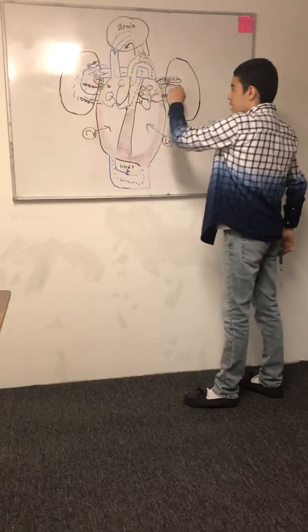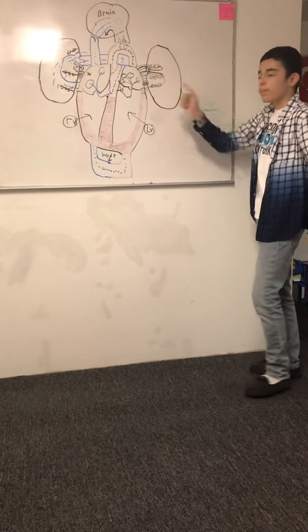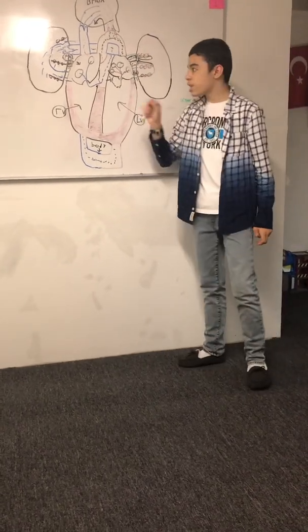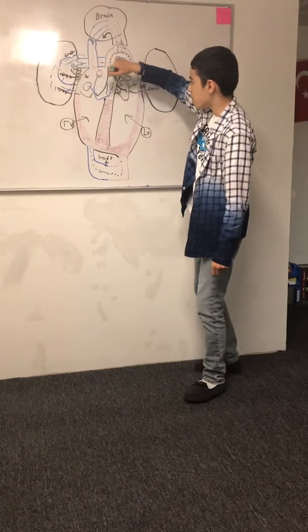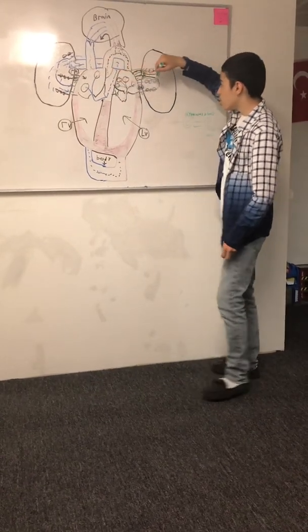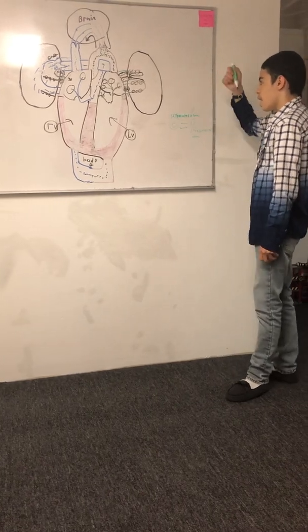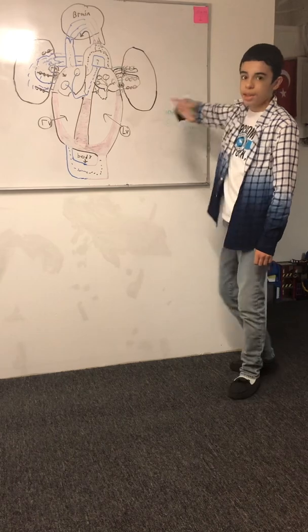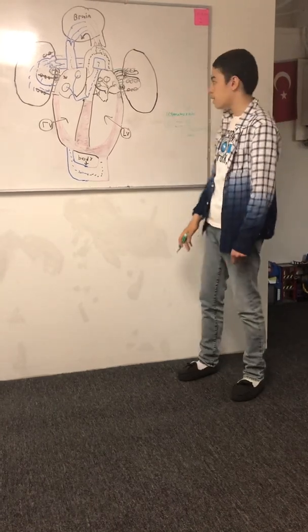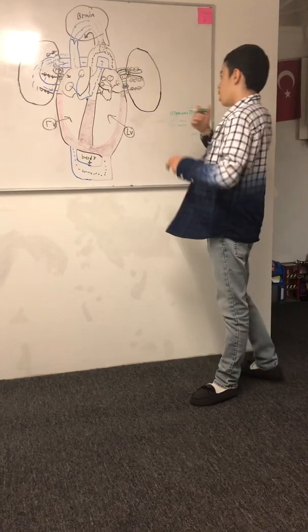The lungs also have capillaries inside of them. So then your deoxygenated blood goes through the capillaries, and then becomes oxygenated blood, which also absorbs oxygen and releases carbon dioxide. As I'm speaking, I'm releasing carbon dioxide, and so then they absorb more oxygen.